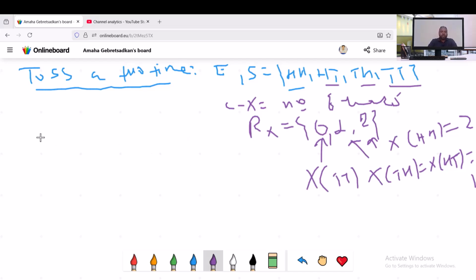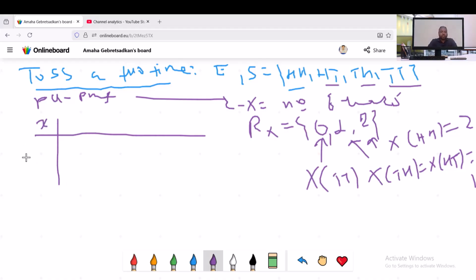So here what will be the probability distribution or probability mass function for this random variable? Here in this tabular form we have two rows, x and probability of x, right? This x is lowercase, whereas this X is uppercase, equal to the lowercase.